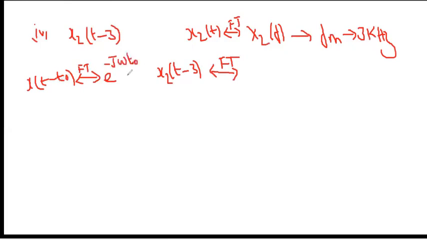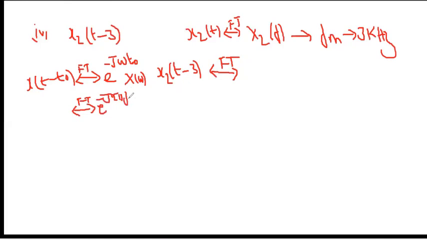T naught is the shift. And in a similar way, e power minus j omega t naught, where omega is 2 pi f.